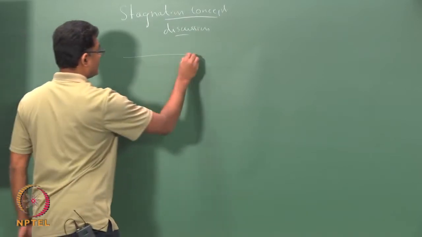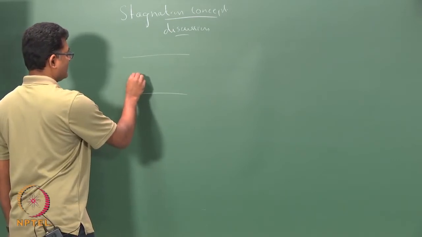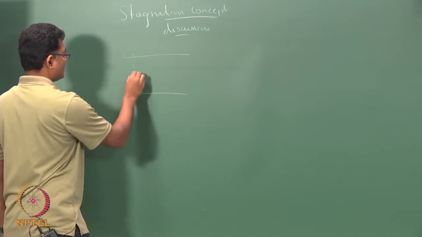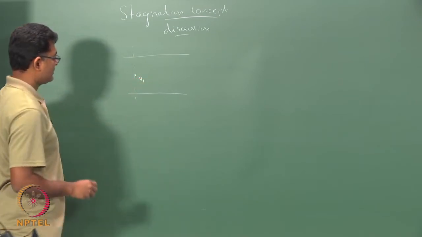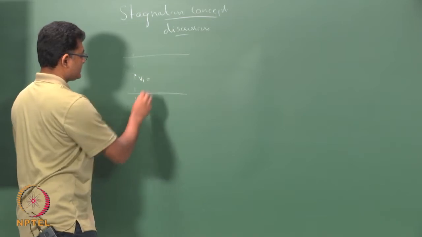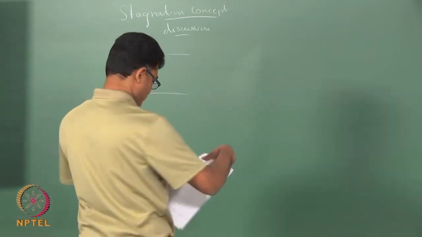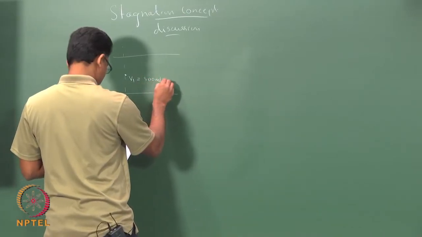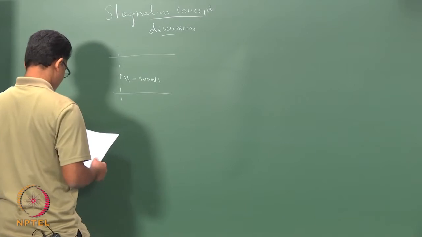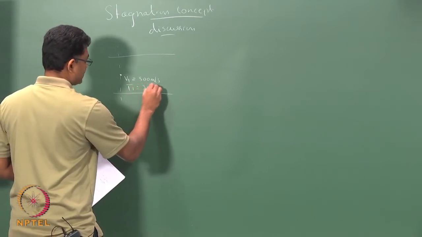So, if I have a duct and at some cross section I have velocity V1, which is around 500 meters per second, and your T1 is 300 Kelvin.